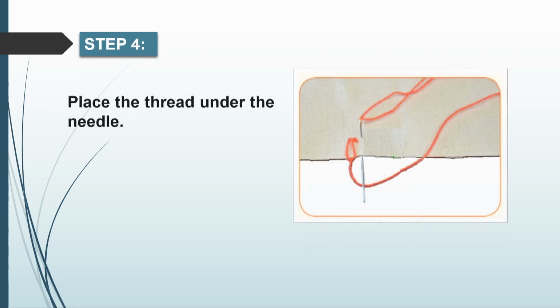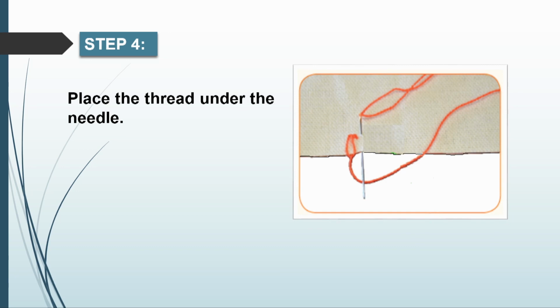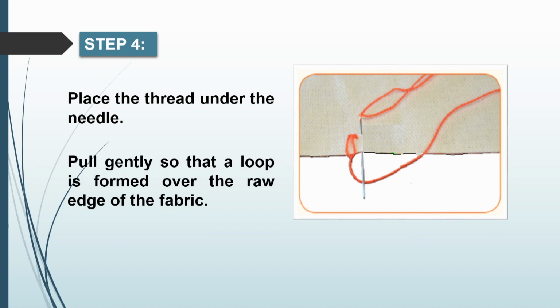Step 4. Place the thread under the needle. Pull gently so that a loop is formed over the raw edge of the fabric. Step 5.